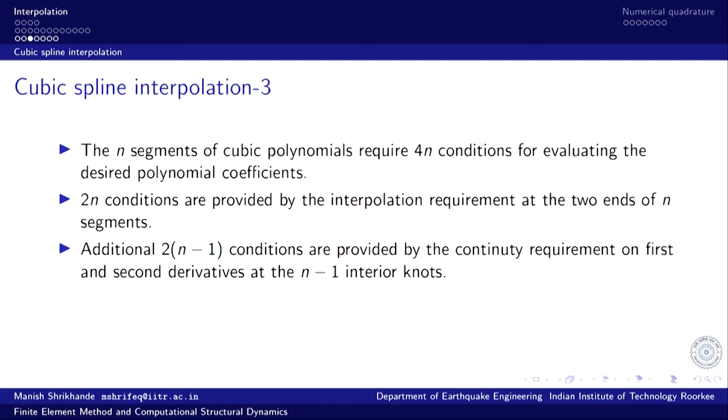Additional 2 constraints are available at each of the interior knots. So, 2 times n minus 1 conditions are provided by ensuring the continuity of first and second derivatives at the n minus 1 interior knots. The first derivative of the spline function across the boundary has to agree, and the second derivative of the spline segments has to agree across the boundaries.